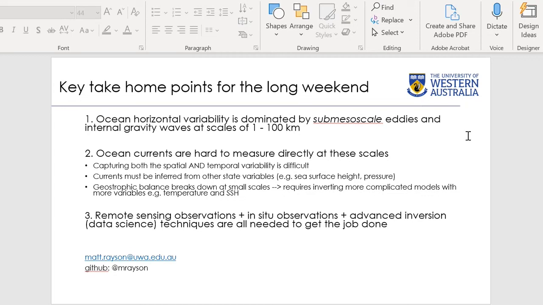I guess the proof has been through models, basically showing that if you either resolve or parameterize some of the finer scale processes, then they have an effect on the large scale circulation. A good example is that people have shown that if you parameterize the effects of mixing by internal gravity waves in climate models, the global circulation is altered.